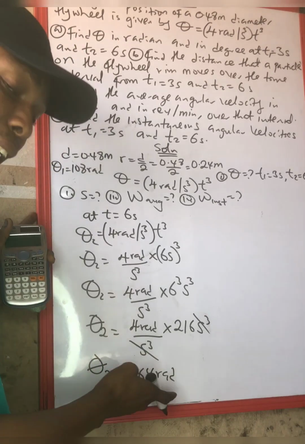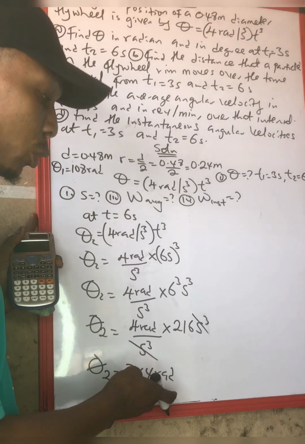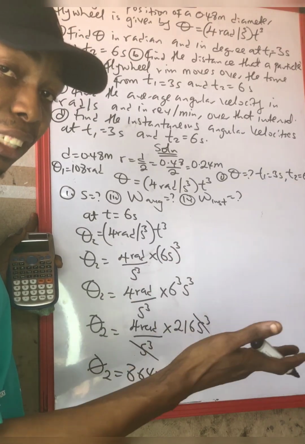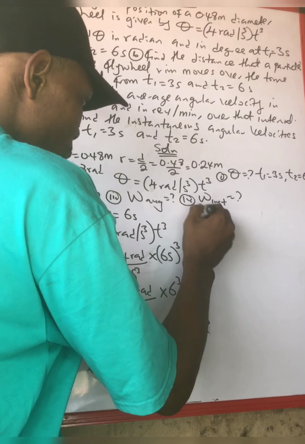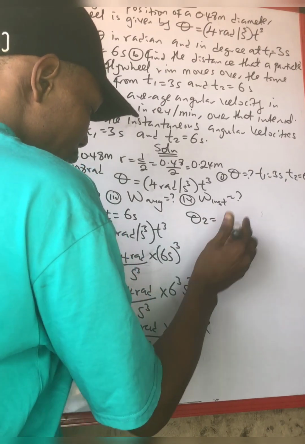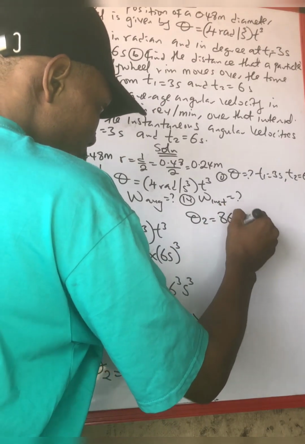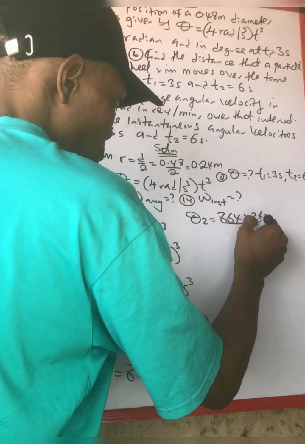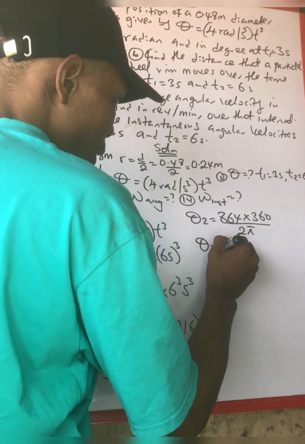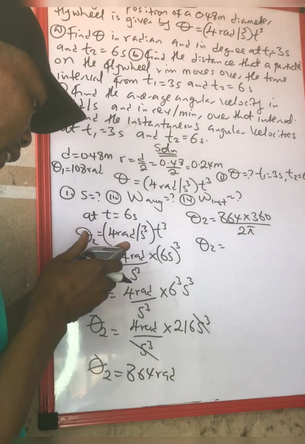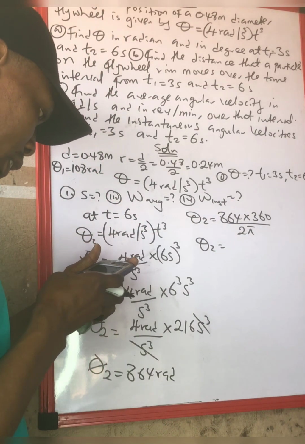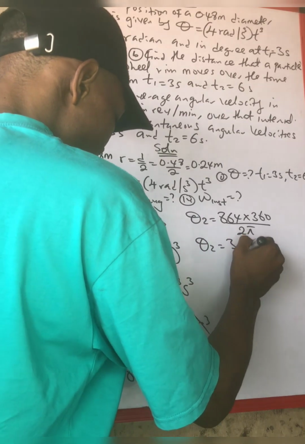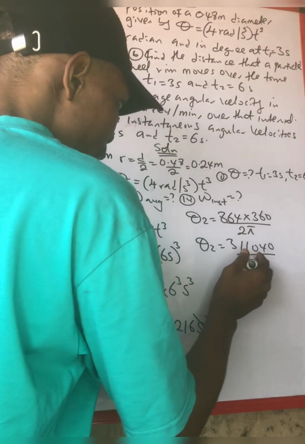So we've only succeeded in calculating it in rad. We have to convert to degrees: multiply by 360 and divide by 2 pi. Now to calculate theta 2 in degrees, it becomes 864 times 360, which gives us 311040, divided by 2 pi.